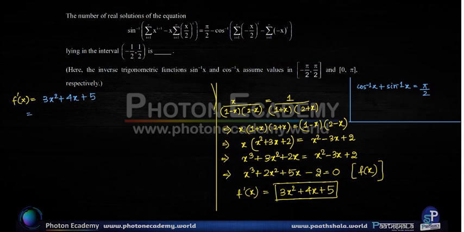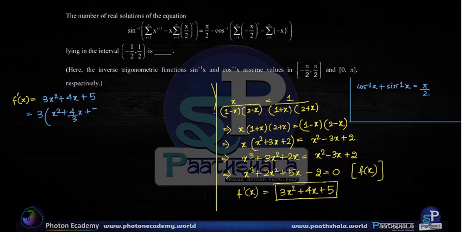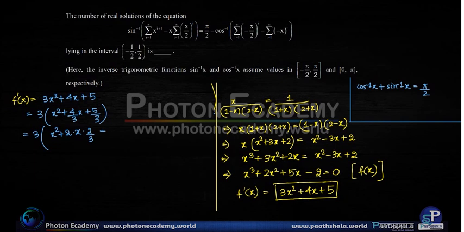This can be written as 3 whole into x square plus 4 by 3x plus 5 by 3, which is equal to 3, and this is x square plus 2 into x into 2 by 3, and we can add 2 by 3 square, and we can subtract 2 by 3 square, so that the total RHS is the same as it was before, and there is a plus 5 by 3 term.